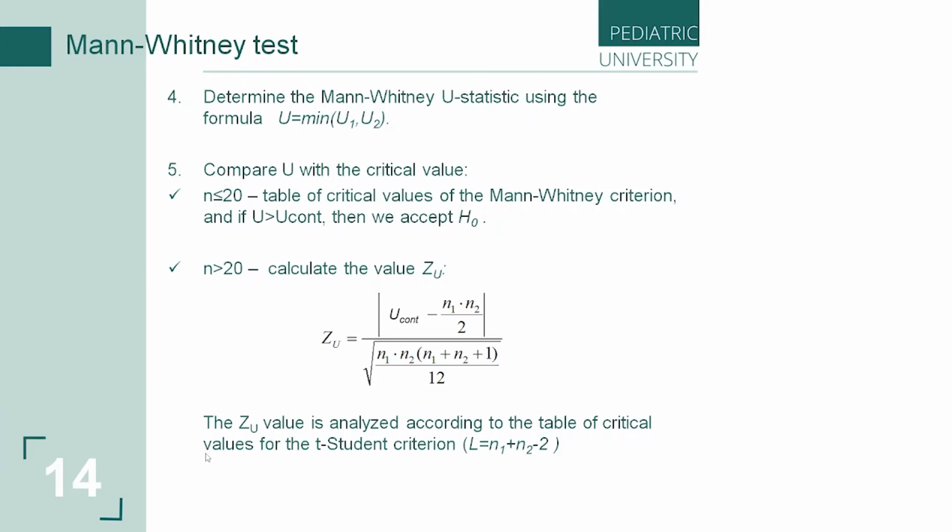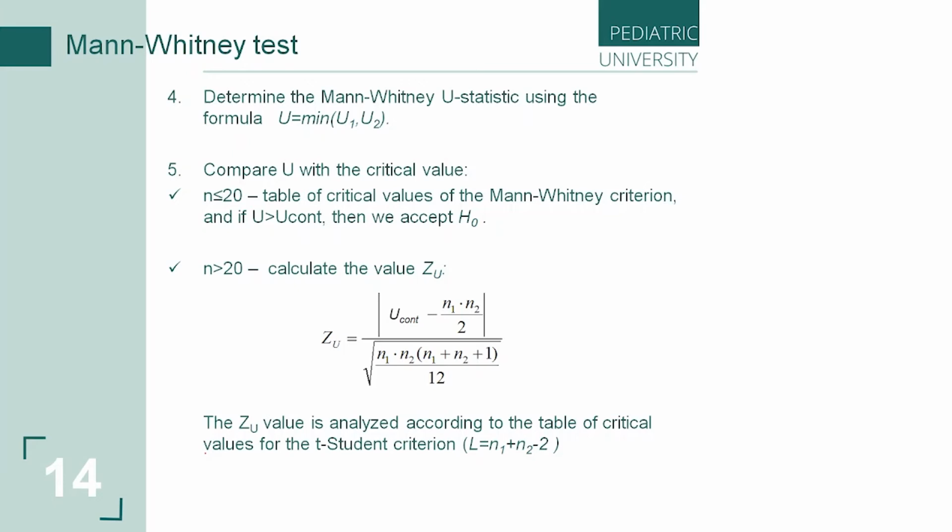If the sample is smaller than 20 elements, then we look up the critical value using the Mann-Whitney critical value table. If it turns out that the control value is greater than the critical value, we accept the null hypothesis.